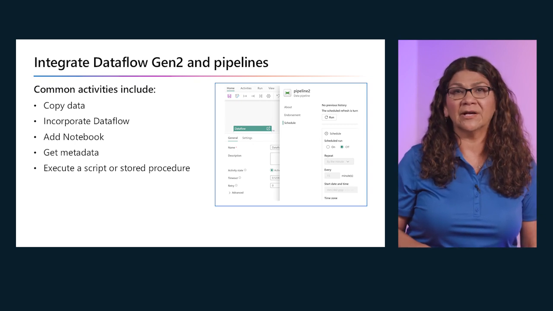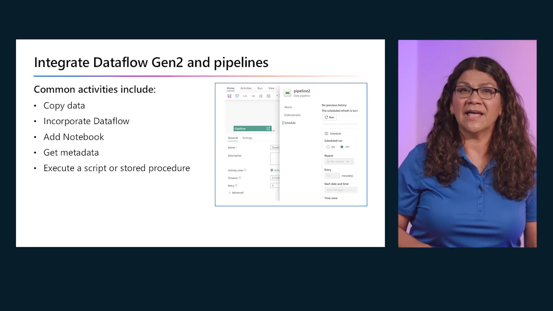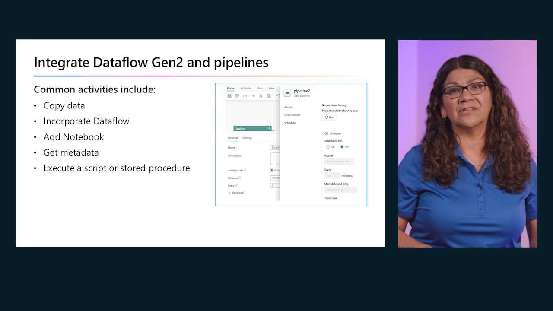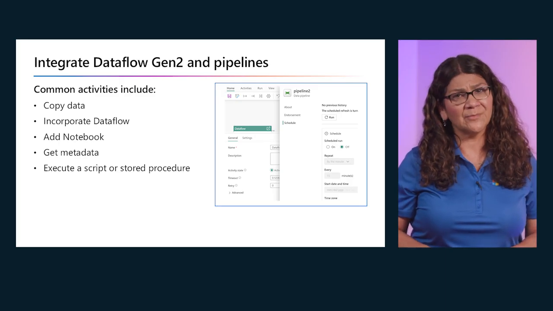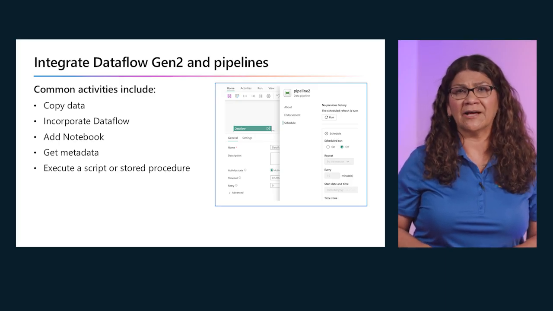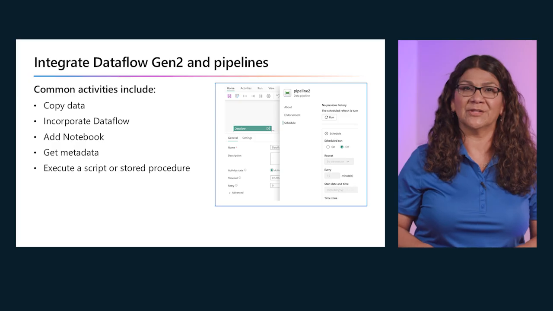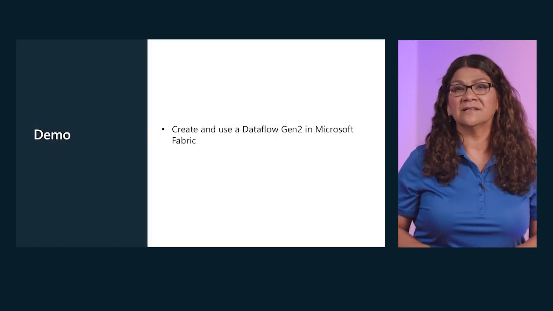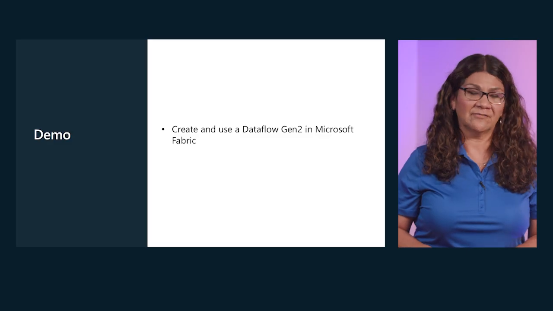By using a pipeline to run your data flow, you can have the data refreshed when you need it instead of having to manually run the data flow. Consider automation as much as possible to allow you to focus on other responsibilities. Now let's create and use Dataflow Gen 2 in Microsoft Fabric.